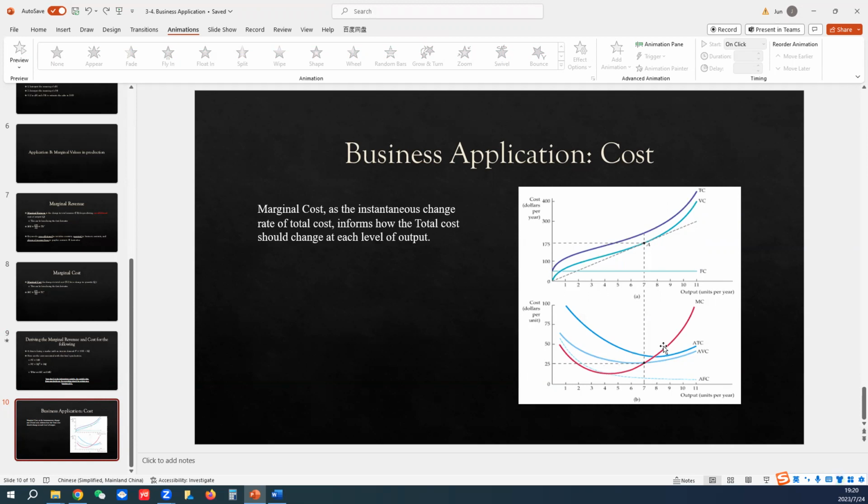And after unit 4, as you can see, the marginal cost is increasing. That tells you the growing trend is becoming more and more rapid. That is basically a feature of a convex function. So after point 4, the total cost is growing more like an exponential pattern. This is how we utilize marginal cost to help us draw the graph of total cost.